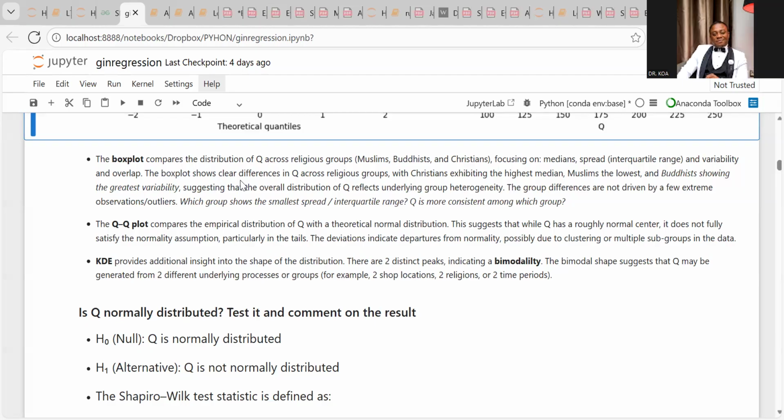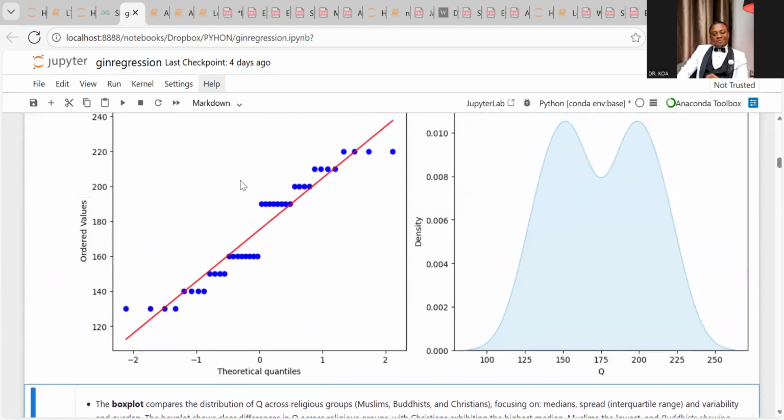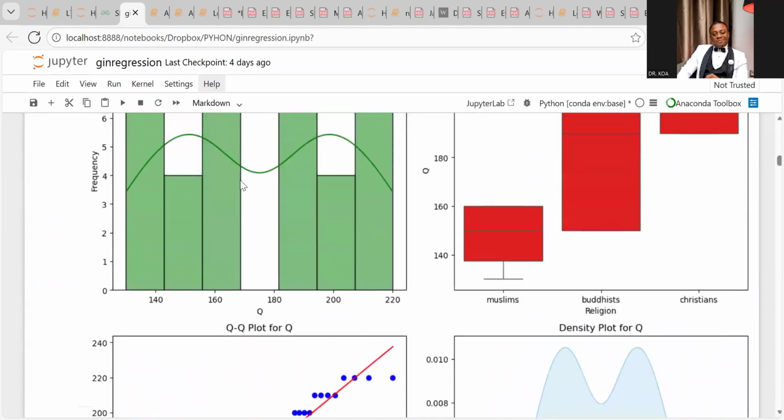It's possible that there are three regions, but only two of them are the ones from which the distribution is being taken. Sometimes there are two different time periods. But all of these are good, but they don't tell you whether the quantity demanded is normally distributed.